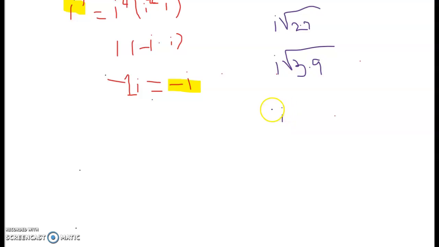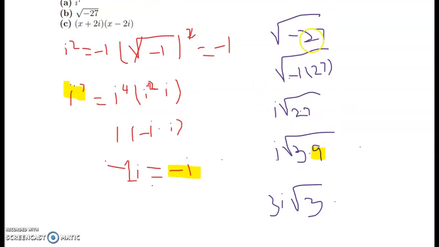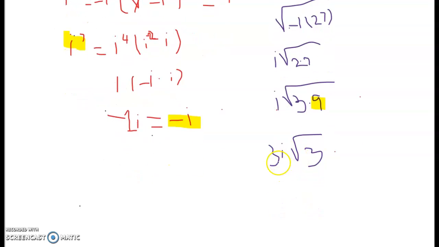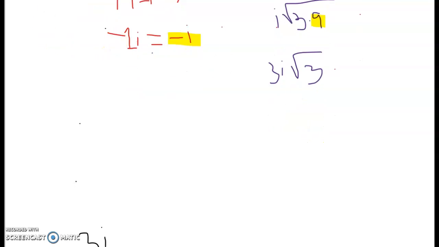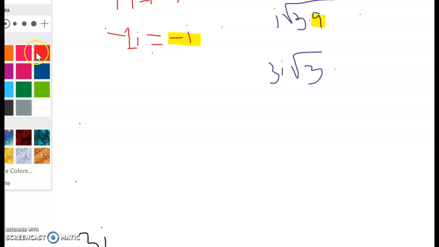So i times 3, and the remainder is root 3. So that's the simplest way to write the square root of -27: 3i square root 3.